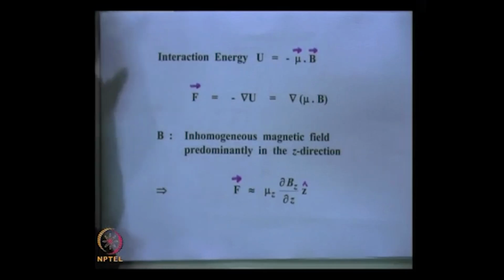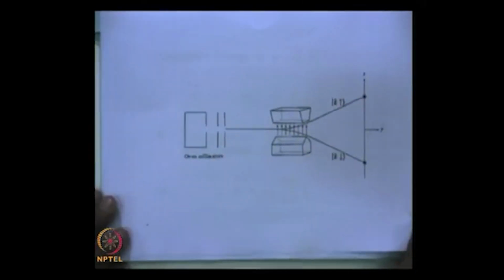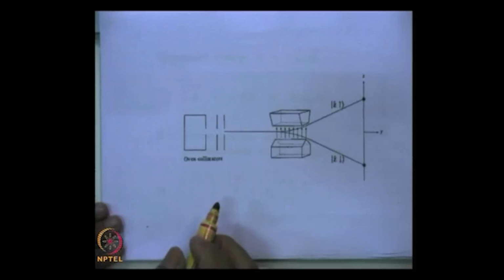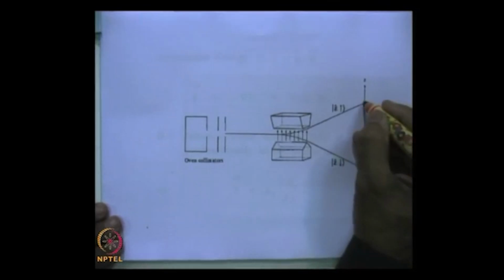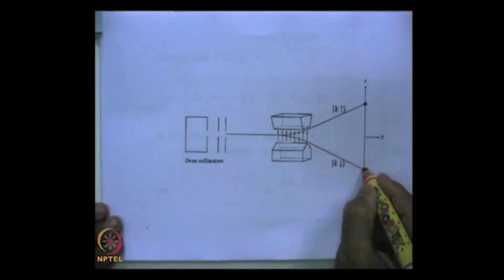Now, as the silver atoms come out of the oven, the magnets, if I consider them as tiny magnets, are oriented at random, and the deflection, which is proportional to the z component of the magnetic moment, will vary from plus mu 0 to minus mu 0, but instead only 2 spots were observed.